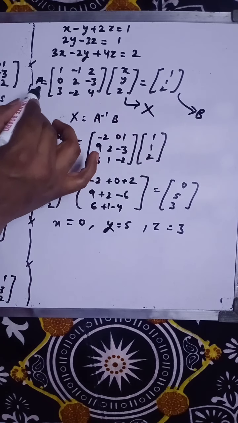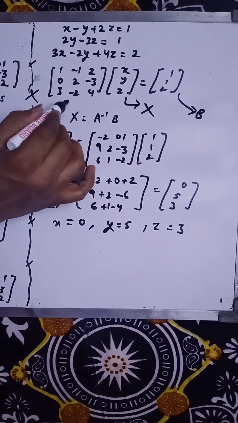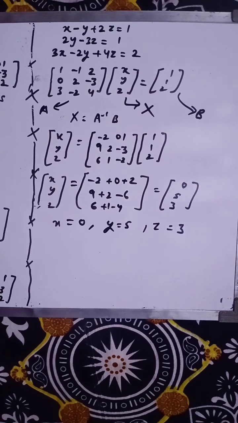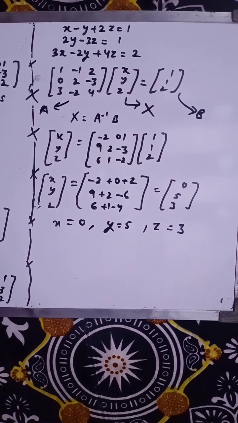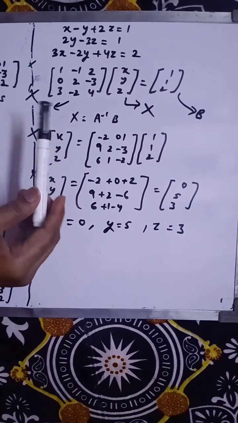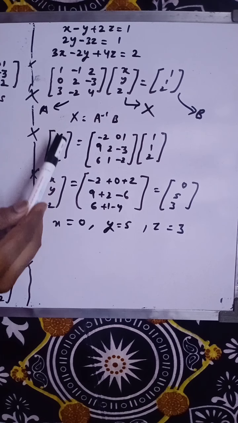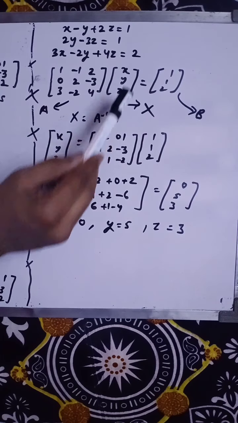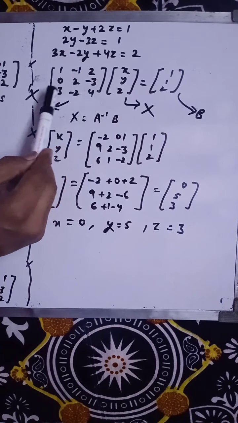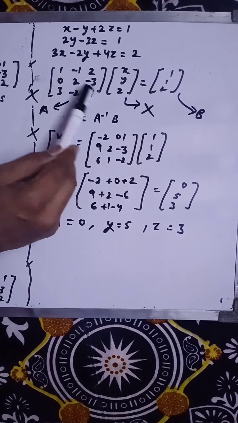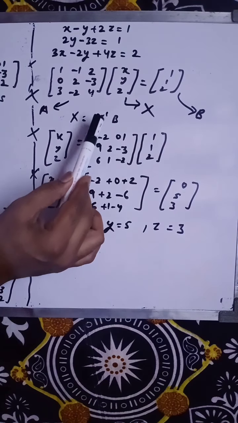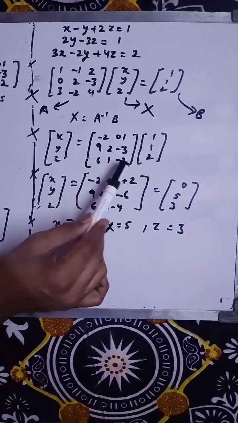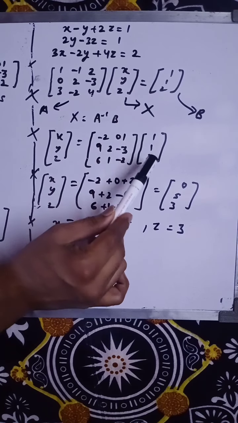Now X is equal to A inverse B. This is your formula. Your X matrix is x, y, z. The inverse of A we have calculated, so I'm writing A inverse here.